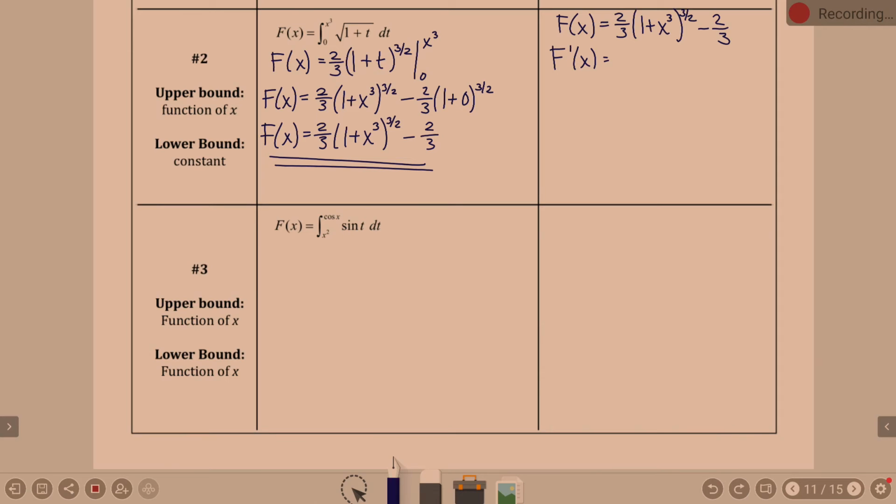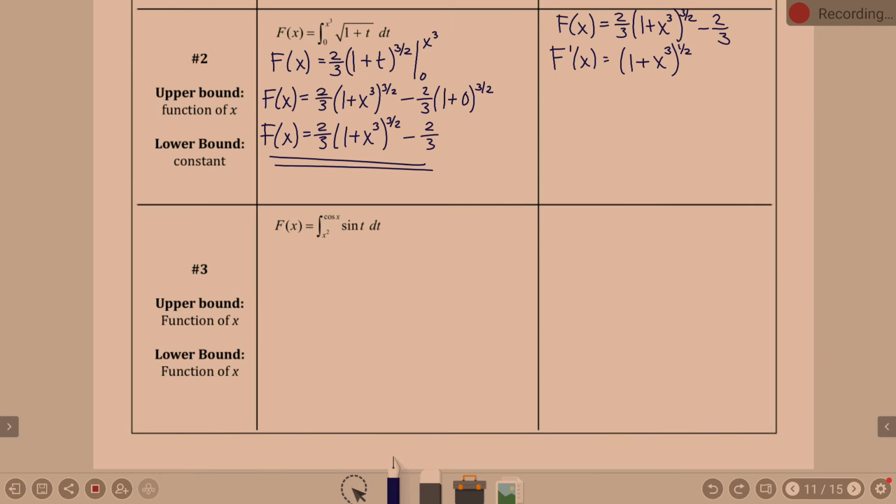What does the derivative say? Multiply the power out front. What's 3/2 times 2/3? 1. Derivatives, are you with me? 3/2 times 2/3 is just going to be 1. Keeping the inside, 1 plus x cubed. Subtract 1 from the power. 3/2 minus 1 is 1/2.